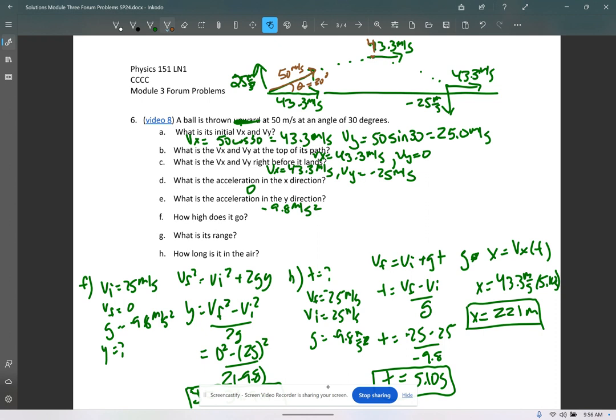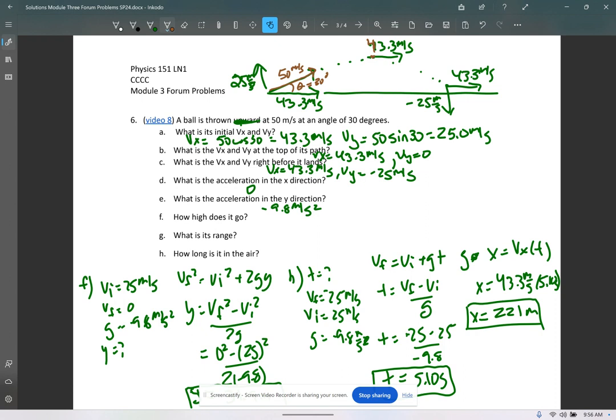But right before it hits the ground, assuming it's at the same level, it has a y velocity of negative 25 meters per second. So when I'm asked about the acceleration in the x direction, there is no acceleration in the x direction. It stays at constant speed. And the acceleration in the y direction, if we are assuming that there's nothing but gravity acting on it, is negative 9.8 meters per second squared.